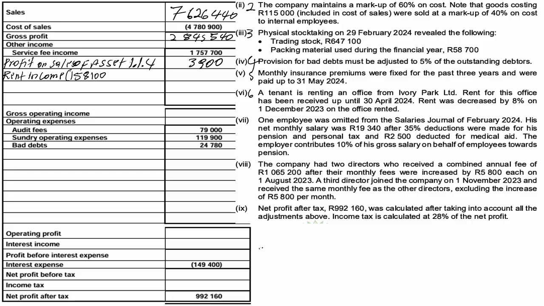So rent for this office has been received up until 30 April 2024. So the rent decreased by 8% on 1st December 2023 on the office rented. Okay, so it means now we need to determine the rent before the decrease, right? So before the decrease, we're paying how much?